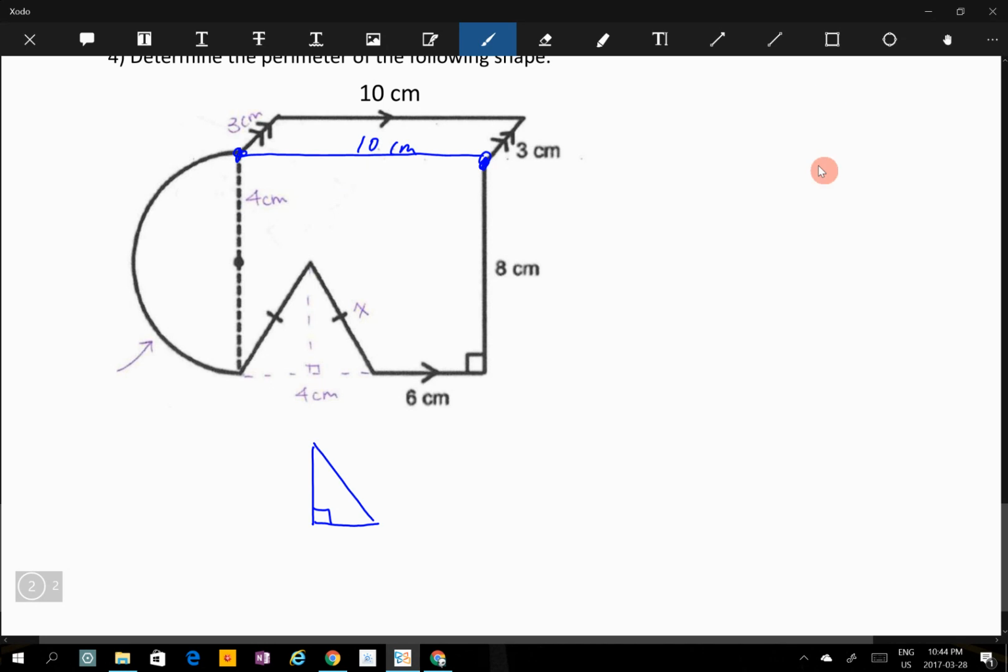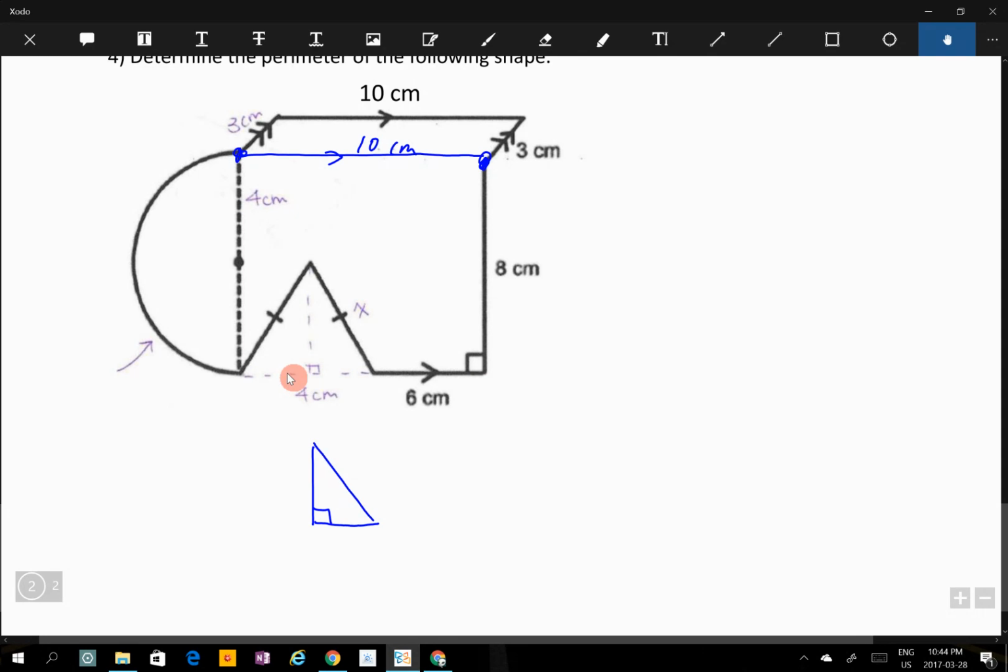And I know it's 10 centimeters because up here it's 10 centimeters, and the two lines connecting it are parallel. Okay, and this would be parallel with this line here. We're going to look at some other theorems that examine this. But this is 10 centimeters, and if I know this part here is 6 centimeters, then what's left over has to be 4 centimeters.